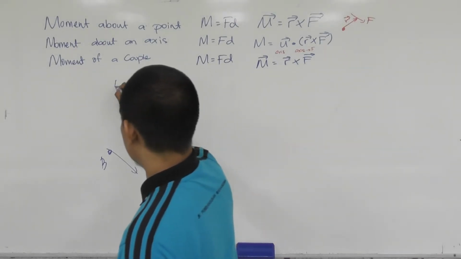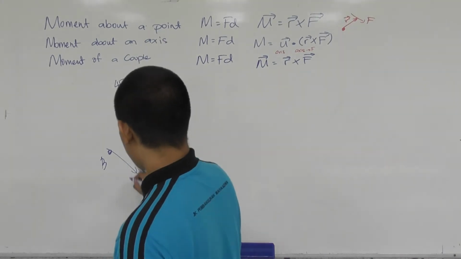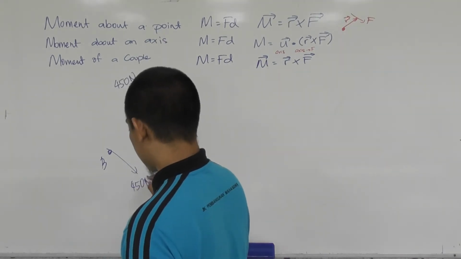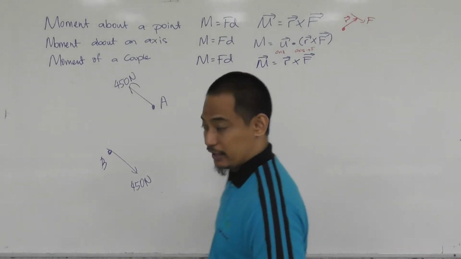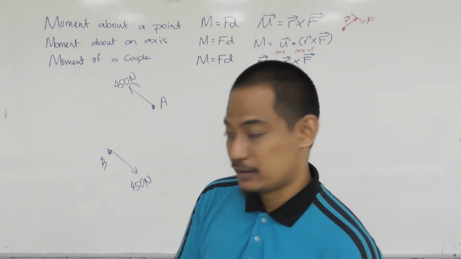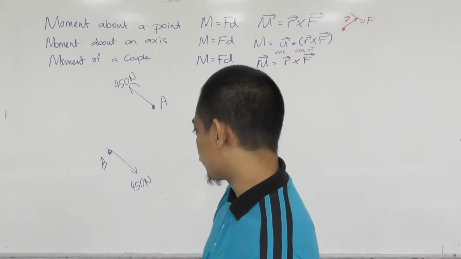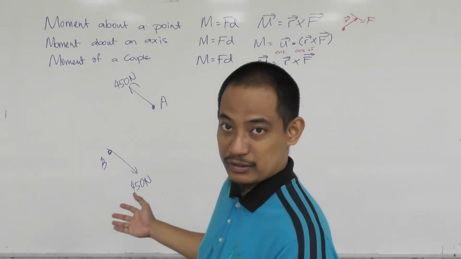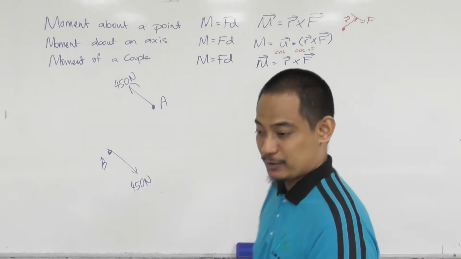It is already given as 450 Newton, 450 Newton, and the angle is given there. But because it's drawn in 3D, I will just draw it like this, and I think you can follow.